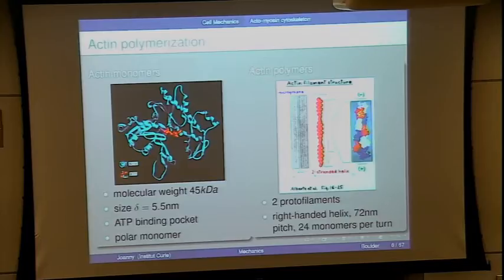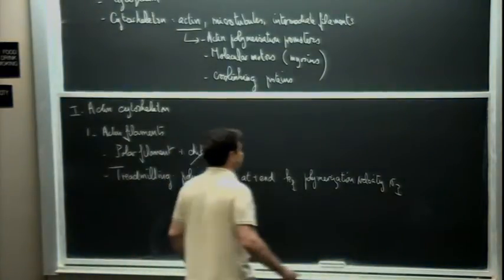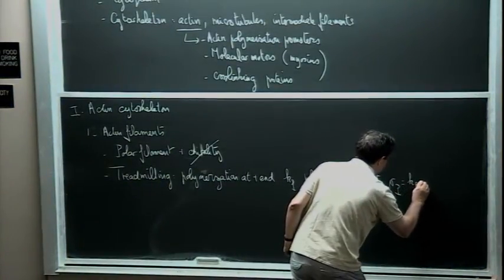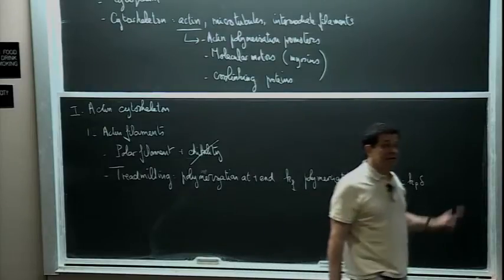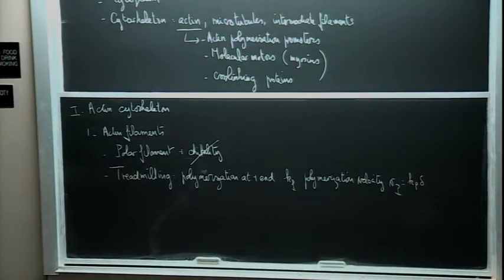So there is a rate of polymerization that I will call Kp. And what I will use is not the rate of polymerization, is what I will call the polymerization velocity, Vp, which is the rate of polymerization times the size of a monomer. The important thing is the order of magnitude of that. It's between 1 micron per second and 1 micron per minute.